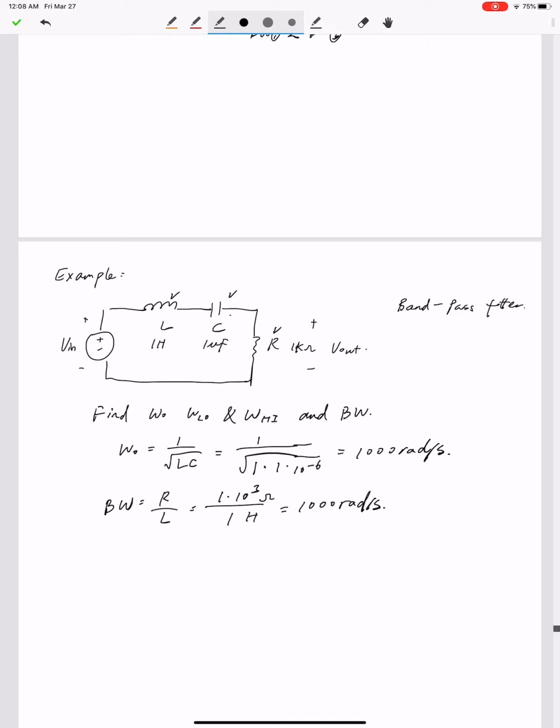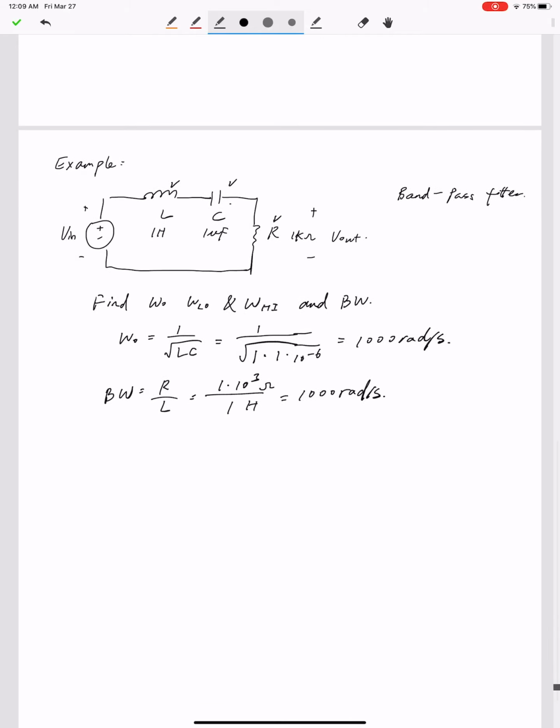Right, after we have the central frequency and the bandwidth, we can calculate the low cutoff frequency and the high cutoff frequency, right? Because if this is the central frequency, the bandwidth is the distance from the low cutoff frequency to the high cutoff frequency.